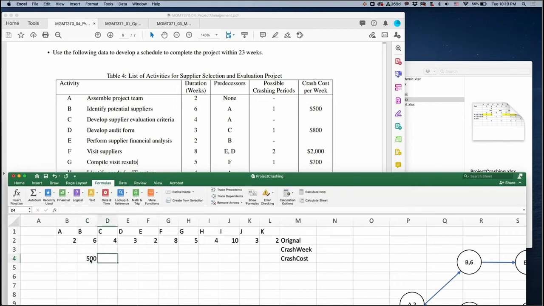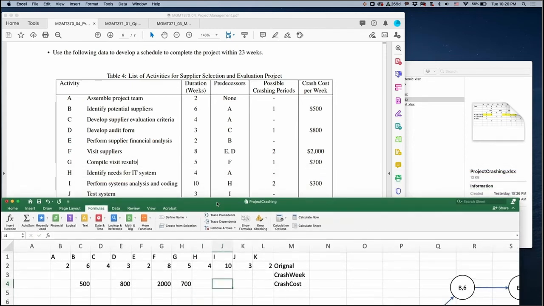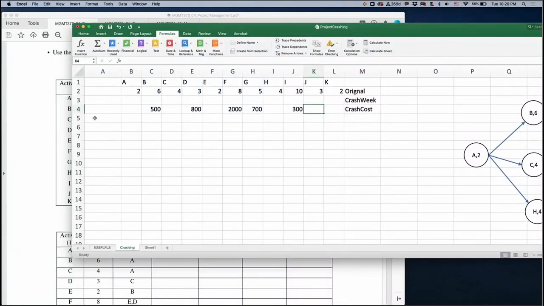And we can consider our possible paths. So actually we have 3 paths for this case, fortunately. So here also, if you have the original and if you crash some activity, then your duration will be your original minus crash, right?